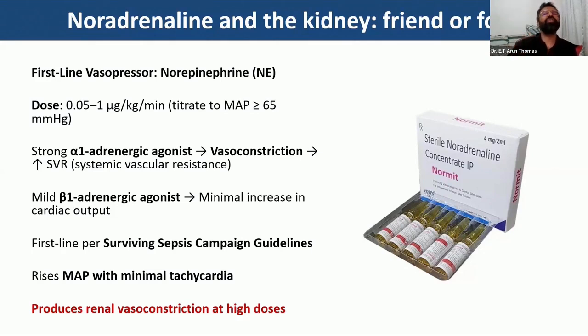But if you go to very high doses of noradrenaline, it can lead to renal afferent arteriolar constriction and compromise the kidney perfusion. So too high doses of noradrenaline are not good for the kidney, but noradrenaline is still the first choice of vasopressor when there is a vasodilatory shock, at reasonable doses.